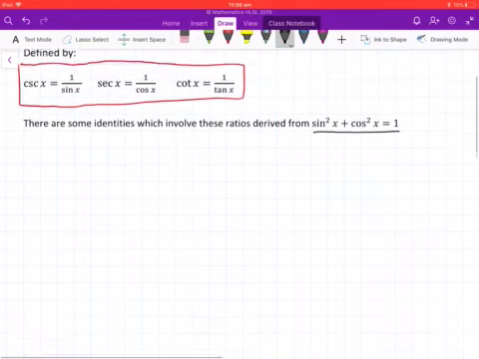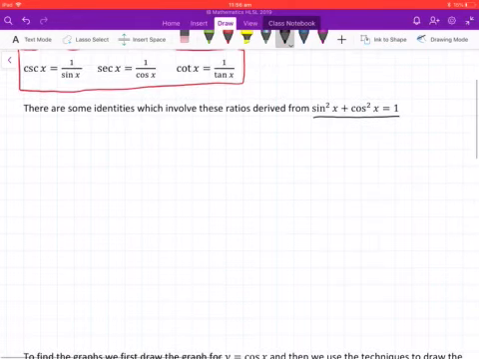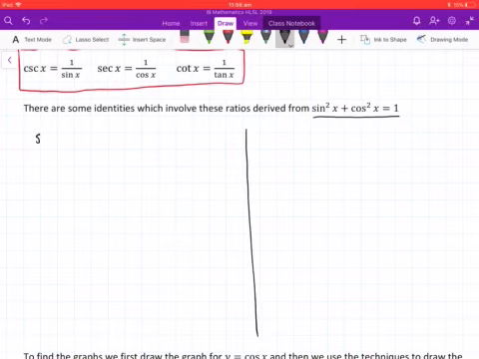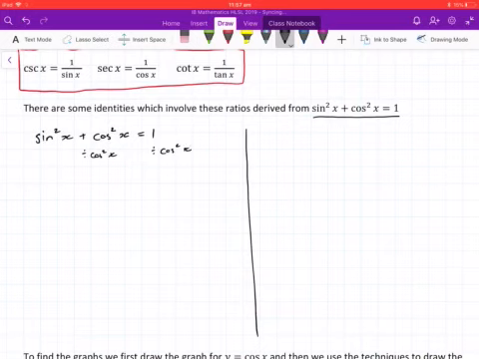Now I'm going to do 2 versions here. So if I just split the page in 2, the first one, we have sine squared x plus cos squared x is equal to 1. That's always true. Now if I divide everything by cos squared x, what do we get?